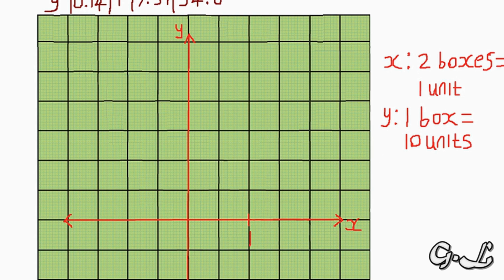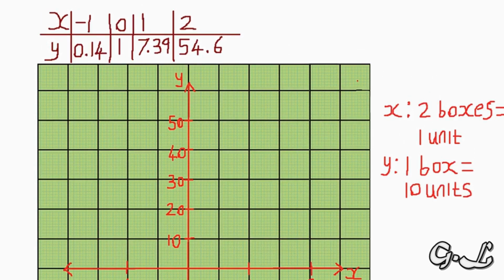So 1 is there and 2 is supposed to be there, and there it is supposed to be -1. And then on the y-axis, one box represents 10 units, so it will be 10, 20, 30, 40, and 50, and there it will be -10. So that is how it is.